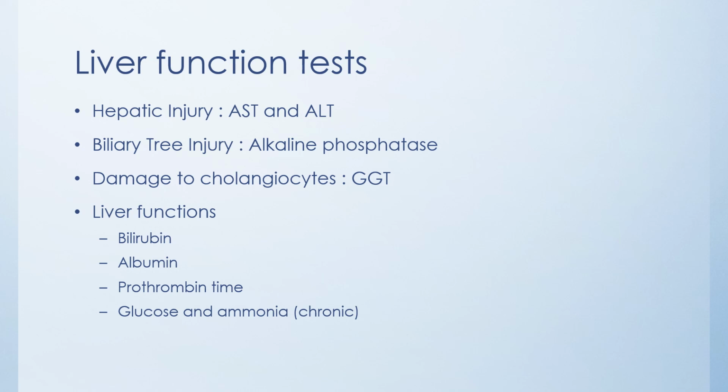And these are carried in the bloodstream bound to albumin. So your liver function is dependent on the real functions, either the secretory or the production of a certain enzyme or a certain substance.